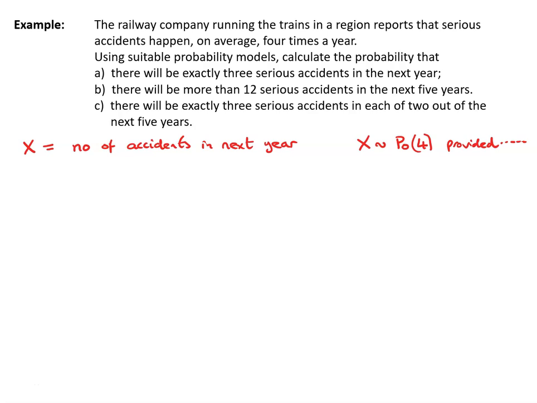Well, provided our conditions for Poisson distribution are met, we can say that the number of accidents next year will be distributed with the Poisson distribution with lambda equals 4. So the probability that x equals 3 is 4 cubed divided by 3 factorial times e to the minus 4, which is 0.1954.